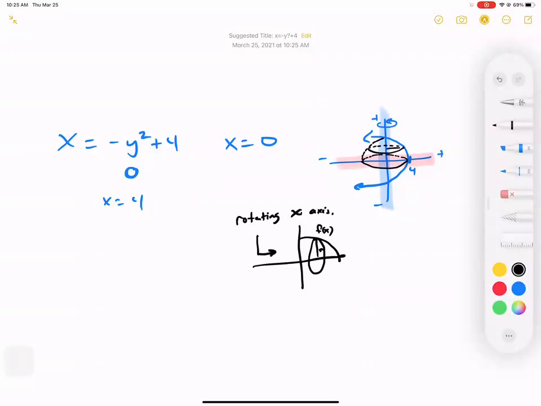We're rotating around the y-axis, so my radius is now going this way. So I want you guys to look at this instead. I'm going to go ahead and erase all this extra fluff here. And we're looking for the radius, and the big deal is this value from here to here. How do I get from here to here?